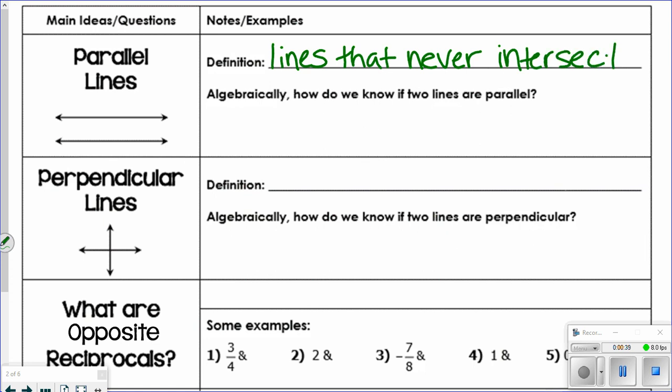Remember, they stay equidistant from each other the whole time. So algebraically, how do we know if two lines are parallel? They have the same slope.